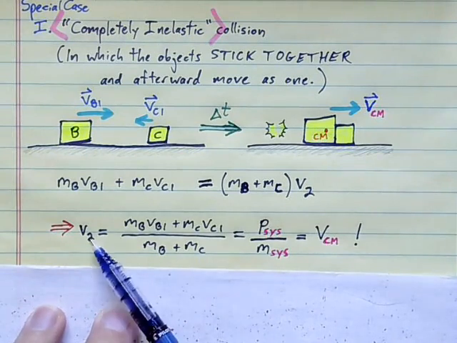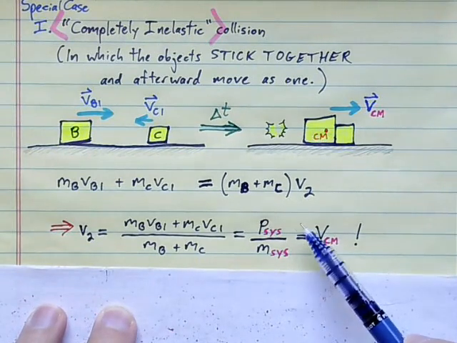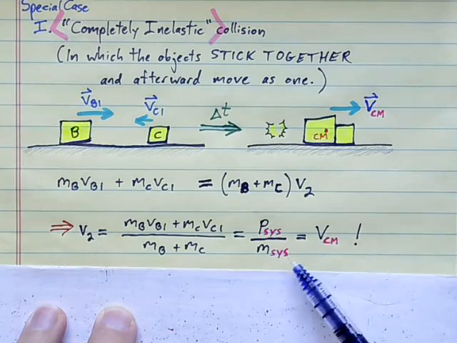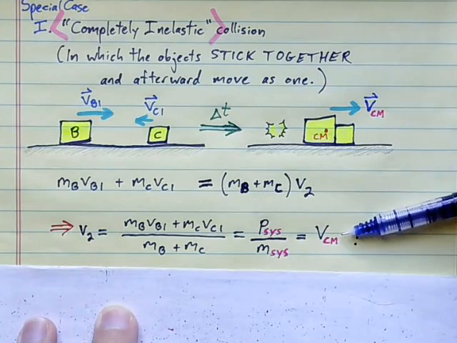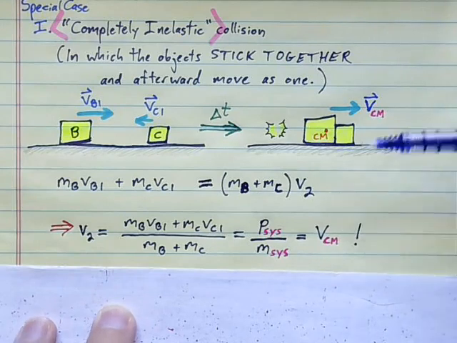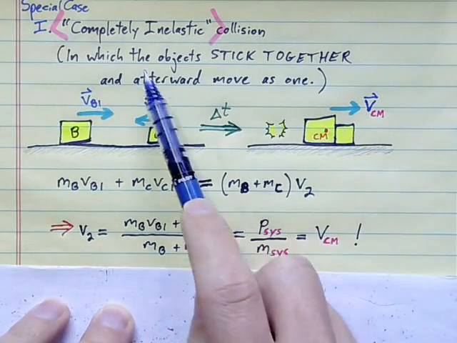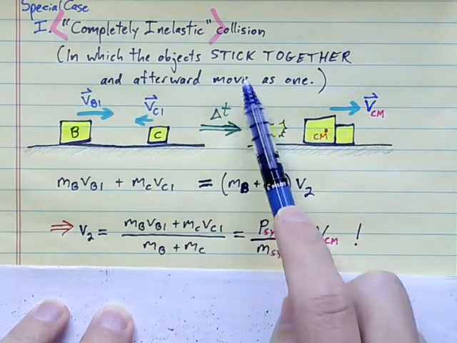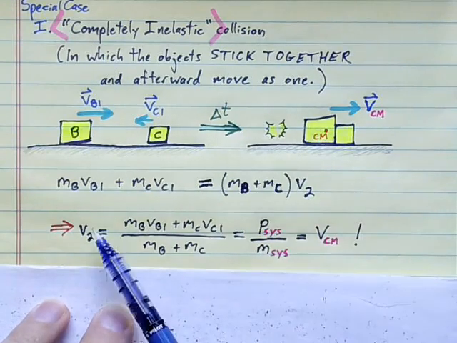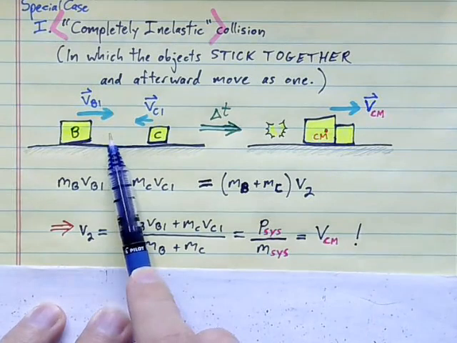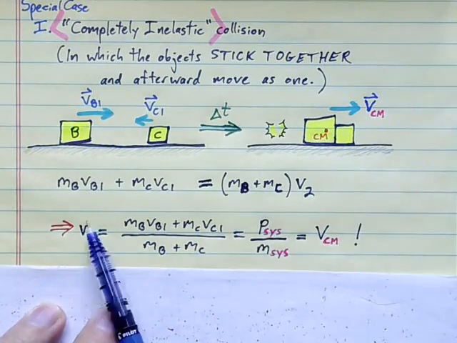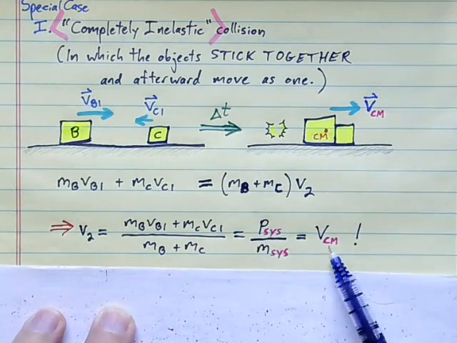So v2 is the total momentum, the momentum of the system over the mass of the system, which we identify as the velocity of the center of mass. We're proving here that in a collision in which the objects stick together, their final velocity will be equal to the unchanged VCM of the system, the VCM that was the same before and afterwards. So they stick together and move off at a final velocity that is the VCM.